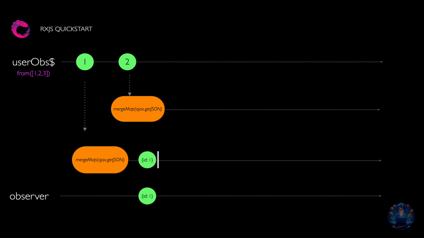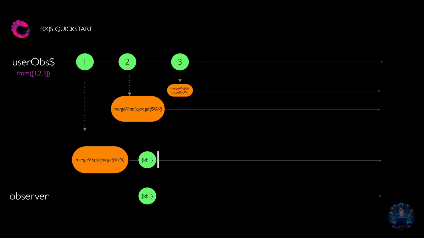When the source observable emits a third value, mergeMap maps this to yet another inner observable. This new request is processed concurrently now with the second inner observable. Since all these inner observables are active at once, the order in which they emit values can vary.